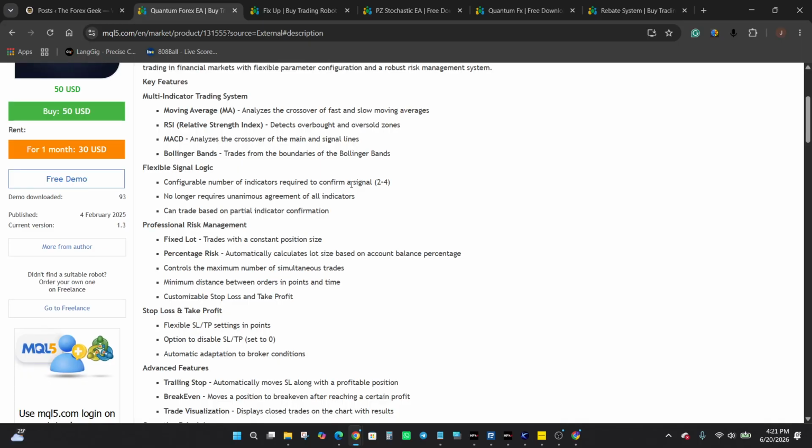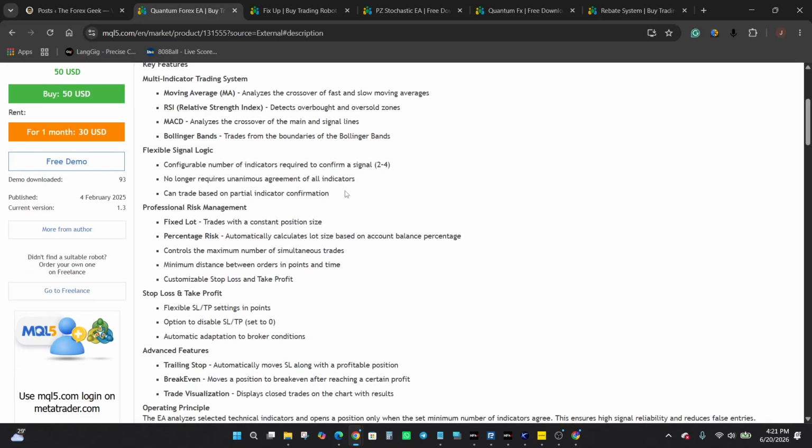For trade management, the EA includes customizable stop loss and take profit values measured in points. These can also be disabled if desired by setting them to 0. Beyond that, there are trailing stop and break-even functions, which can automatically adjust trade protection once positions move into profit.